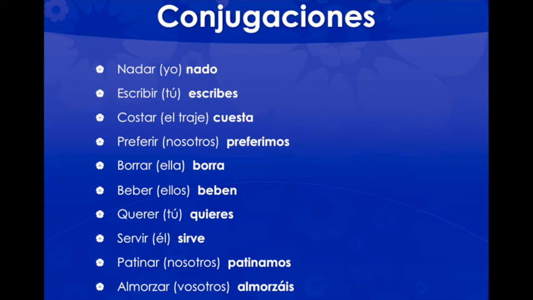Ella borra, she erases. Ellos beben, they drink. Tú quieres, you want. Él sirve, he serves. Notice the stem change in the last two. Nosotros patinamos, we skate. And vosotros almorzáis, you all have lunch. You do not need to stem change almorzar because it's outside of the boot.